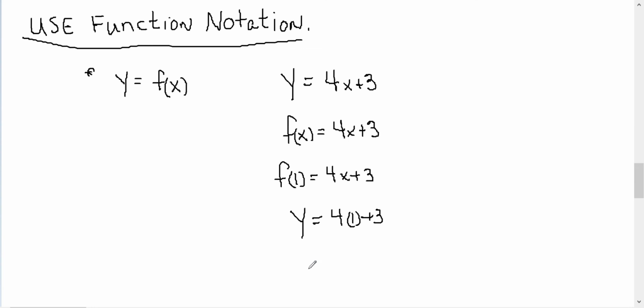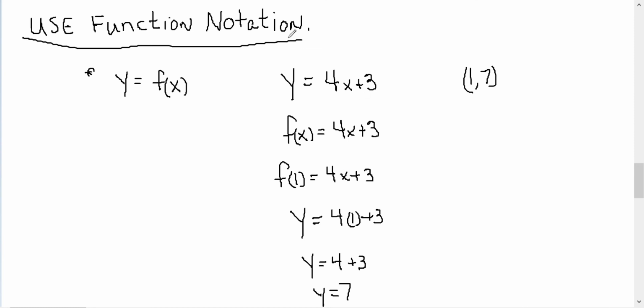And now I can finish this off as y equals 4 plus 3, or y equals 7. Okay, so another way of looking at an ordered pair then would be x is 1, y is 7, and put in my parentheses.